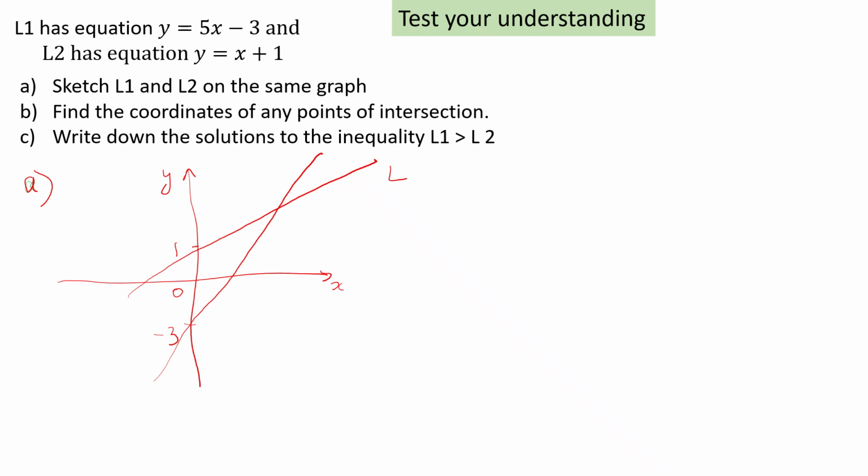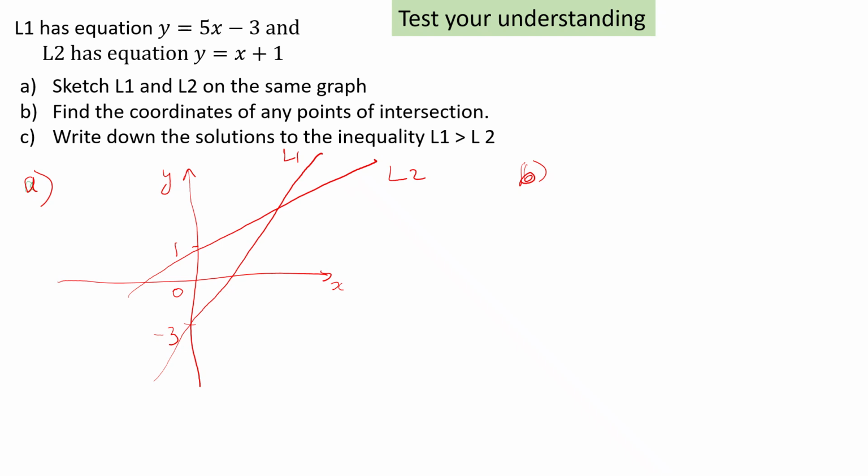This is L2. This is L1. Second part, B part. Find the coordinates of any point of intersection. So we need to solve these equations.